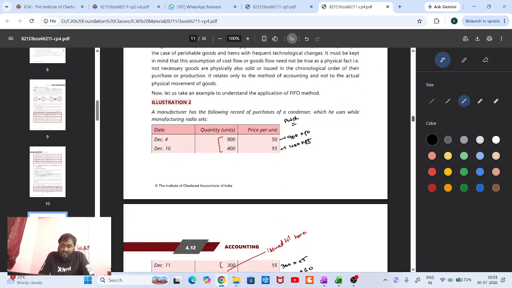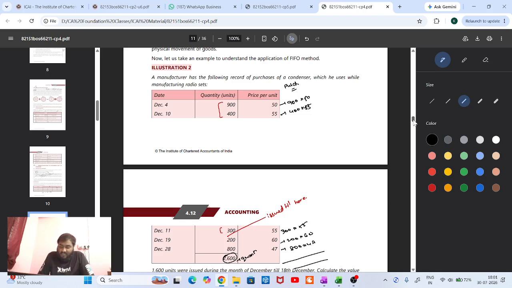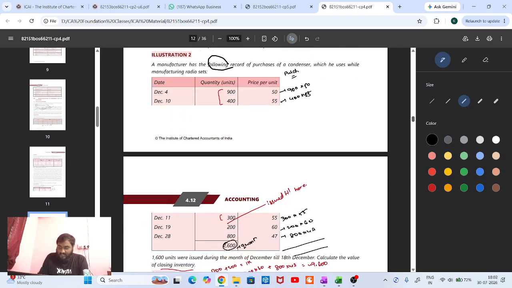And here comes the actual methods of calculation of inventory. This is a question. A manufacturer has following record of purchase.